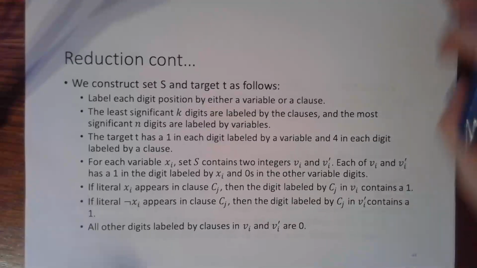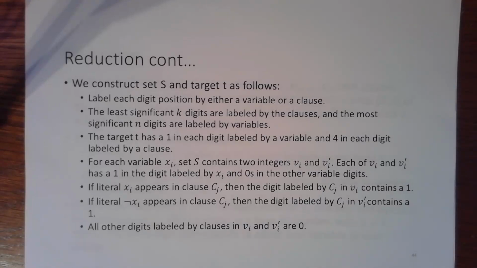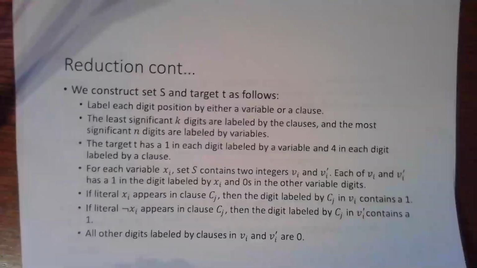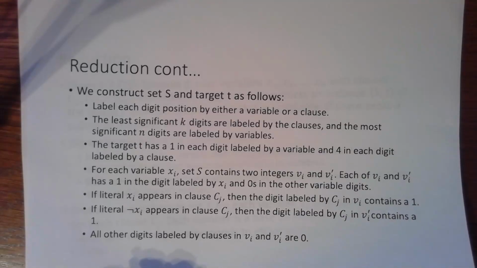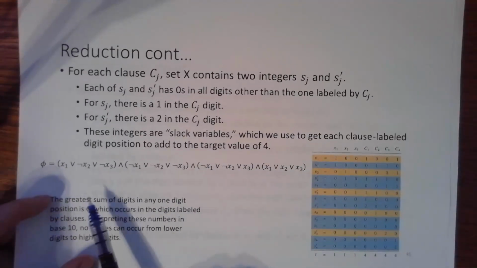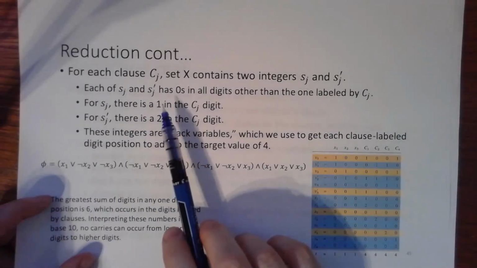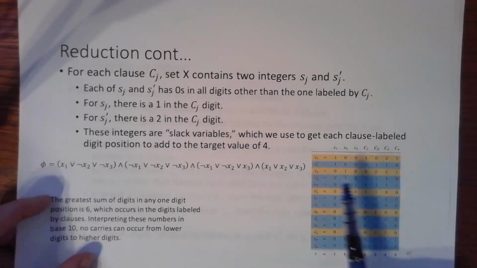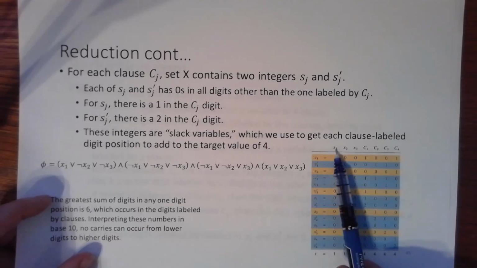We label each digit position by either a variable or a clause. The least significant k digits are labeled with clauses, and the most significant digits are labeled by variables. If we look at the next page, I have an example here that has 3 variables and 4 clauses.